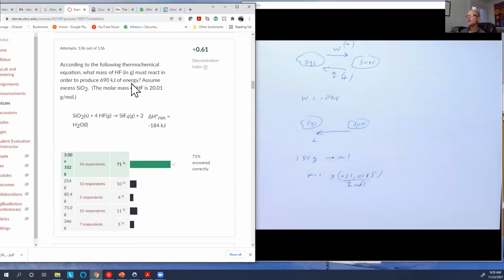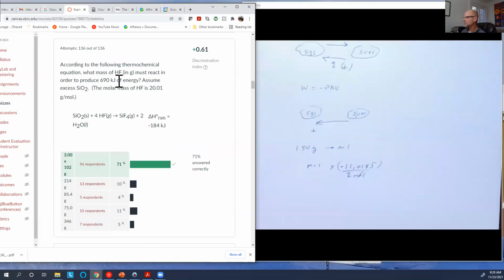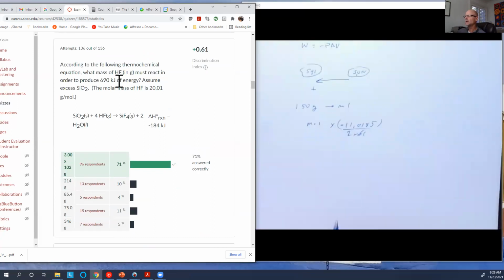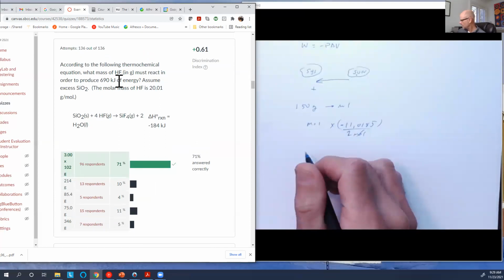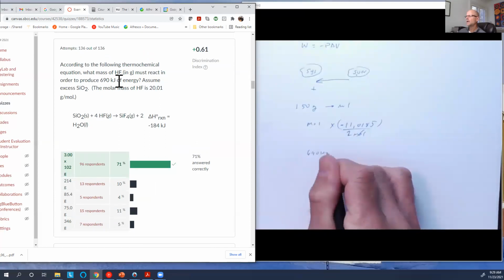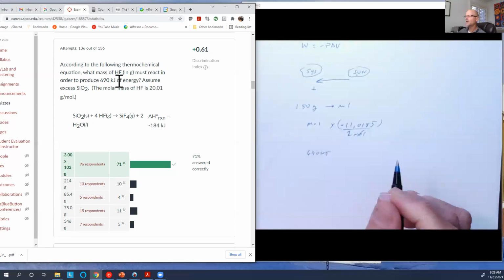Then here, you have a reaction of HF, and the question is, how much must react to produce 690 kilojoules of energy? Again, this is the stoichiometry of thermochemical equations. So you want to start with 690 kilojoules, and then use the relationship between moles of HF and kilojoules to convert to moles of HF.